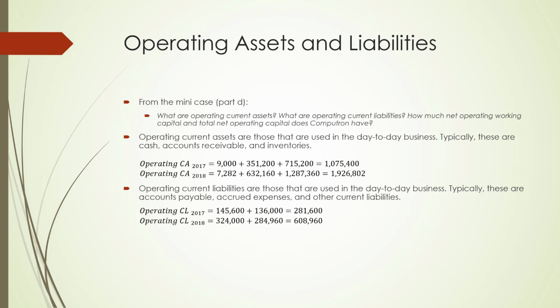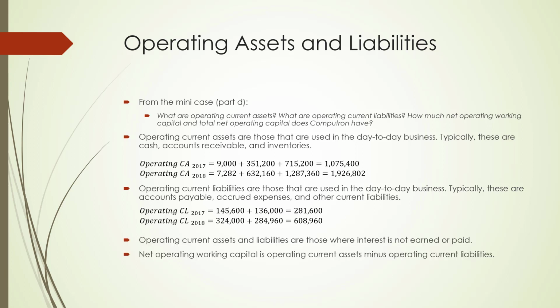So the increase in operating current liabilities was a little over $200,000, but the increase in operating current assets was $900,000. Now, what we're going to need to know for free cash flow purposes is what is net operating working capital, and that's simply your operating current assets minus operating current liabilities.